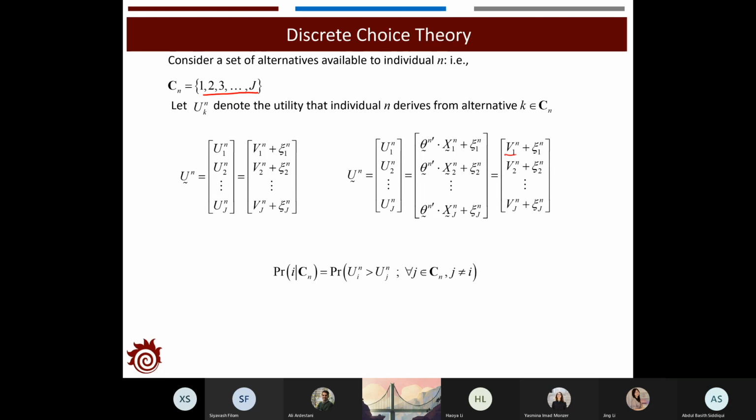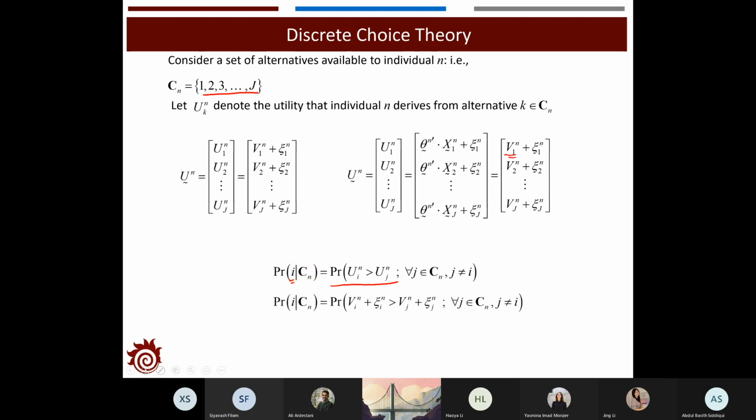Usually the deterministic component is defined as a linear function, and we apply a new variable V to represent the linear or deterministic component. For the individual to choose the mode I, that indicates that the utility I is the largest compared with the other modes. That will be the probability of UI higher than UJ, and this is the probability we want to find.